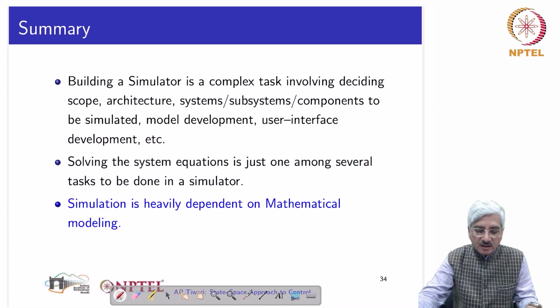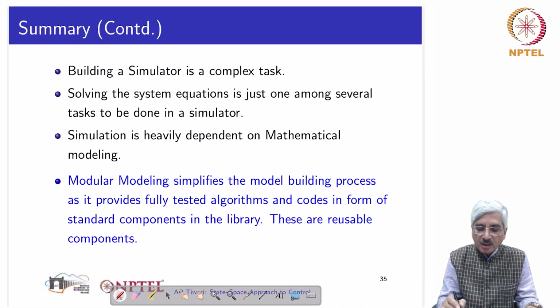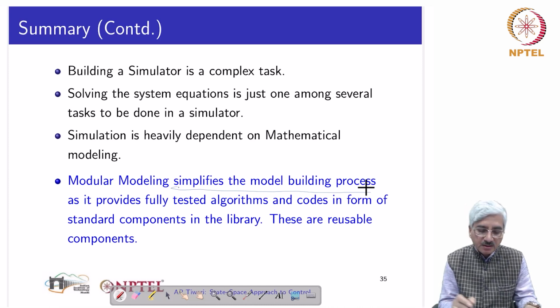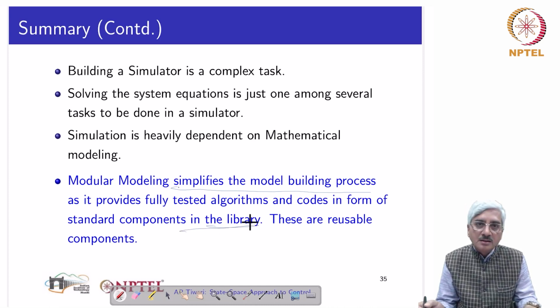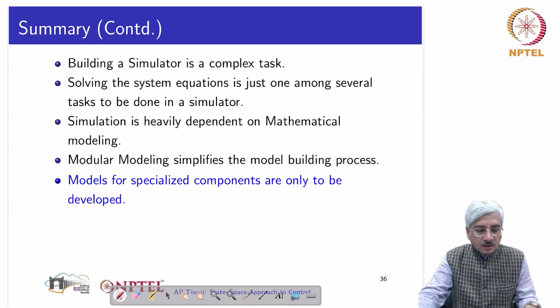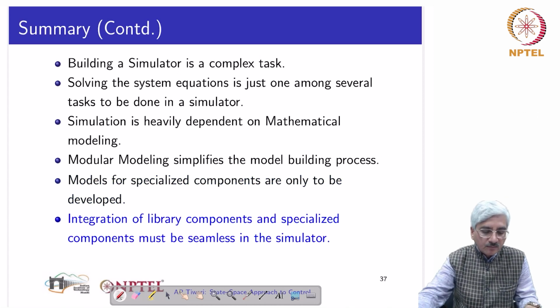Simulation is heavily dependent on mathematical modeling, and modular modeling simplifies the model building process as it provides fully tested algorithms and codes in the form of standard components in a library. These are reusable. Models for specialized components alone are to be developed. The rest of the things can be done based on the library.